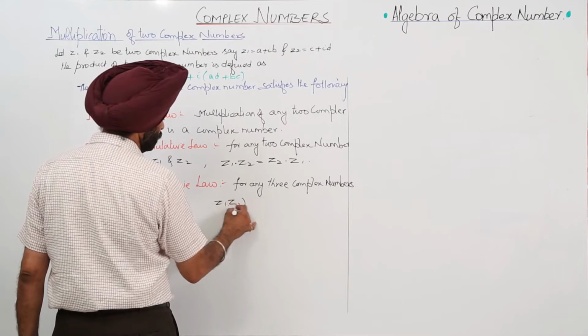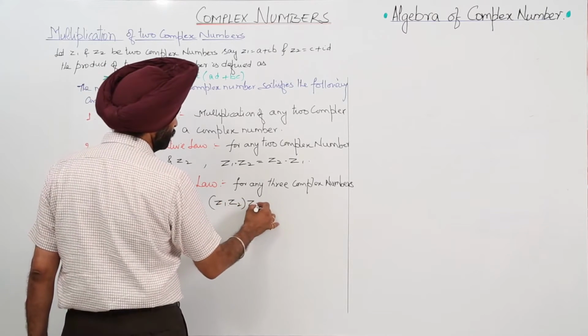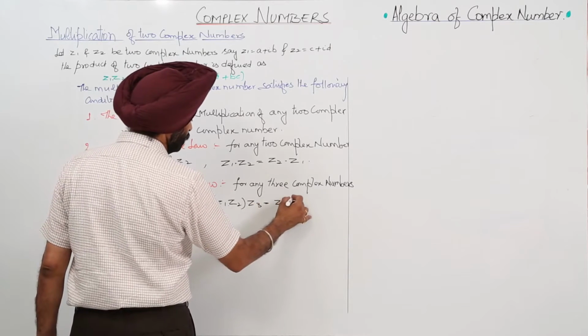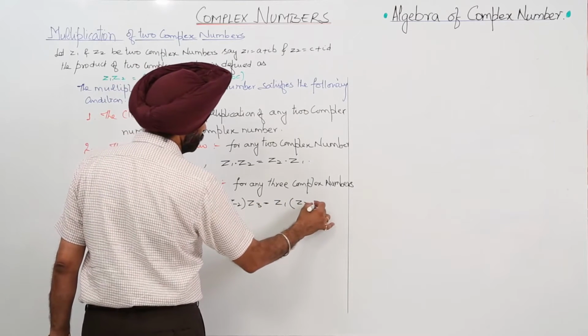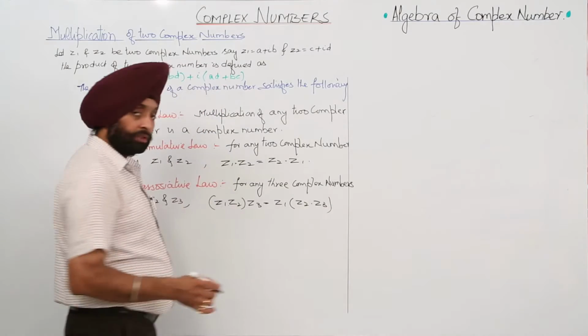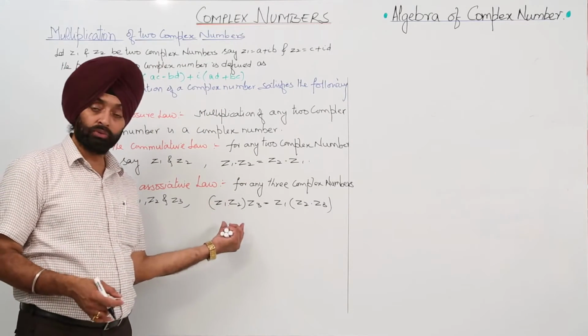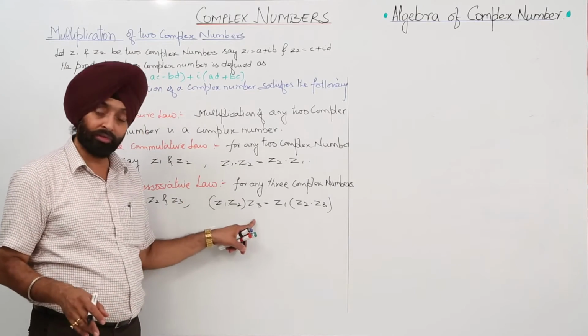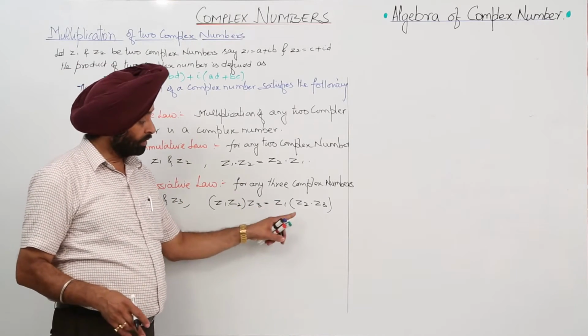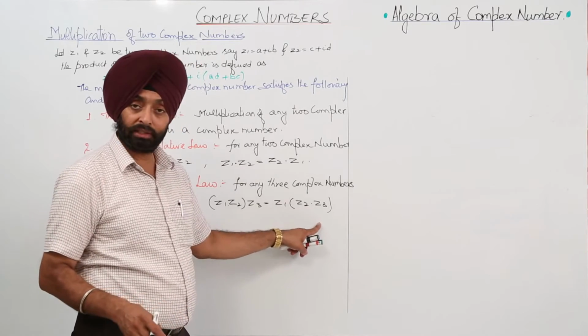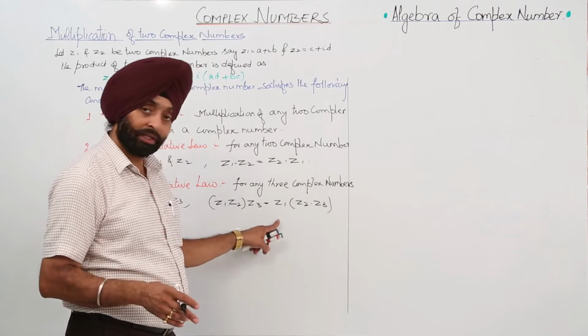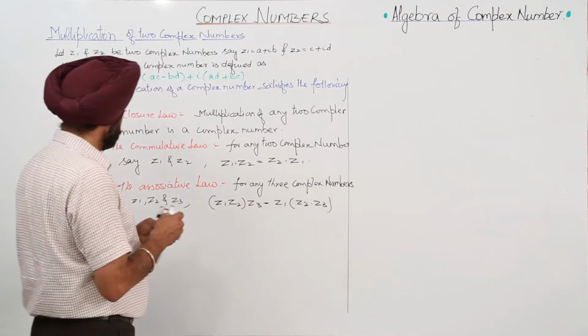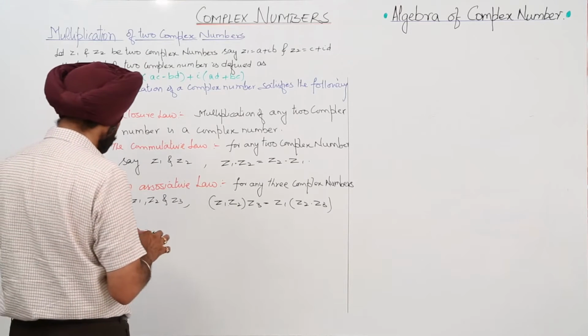Z1 dot Z2 in one bracket with Z3 is equal to Z1 with Z2 dot Z3. Means first of all we multiply these two and we get a complex number. To that complex number we multiply with Z3. Same, if we first multiply Z2 and Z3 and multiply the result by Z1, the result will be the same. So this is the associative law.